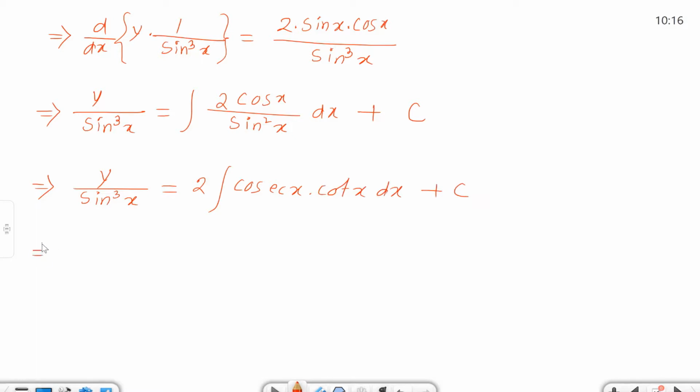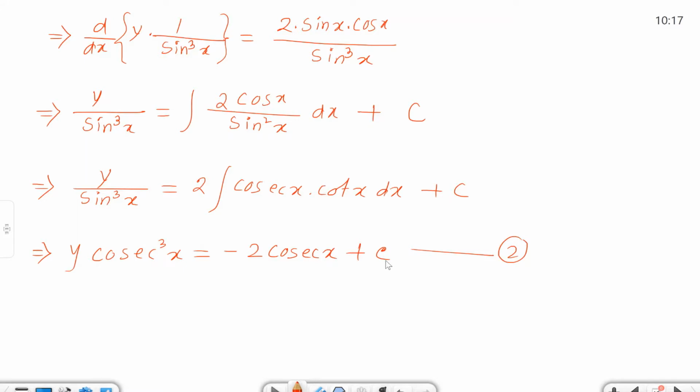Then y cosec cube x equals minus 2 times cosec x, since the derivative of cosec x is minus cosec x cot x, plus constant c. Mark this 2.